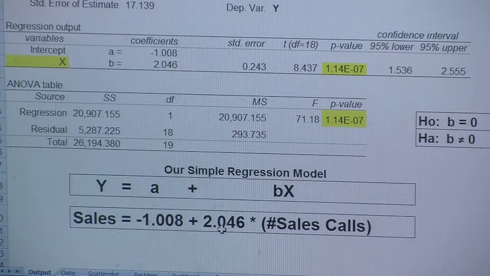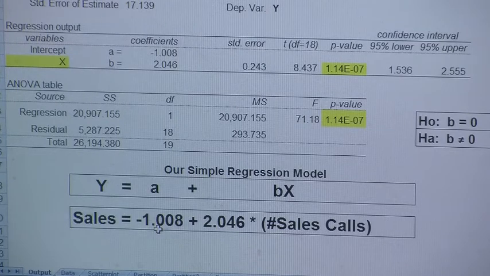And you see this number 2.406, that basically means that we expect the salesperson to generate about $2,000 of sales for every sales call that he makes. Minus 1.008 is our y-intercept. In other words, what do we predict for sales when the salesperson doesn't make any sales calls? And we would predict minus $1,000 in sales.